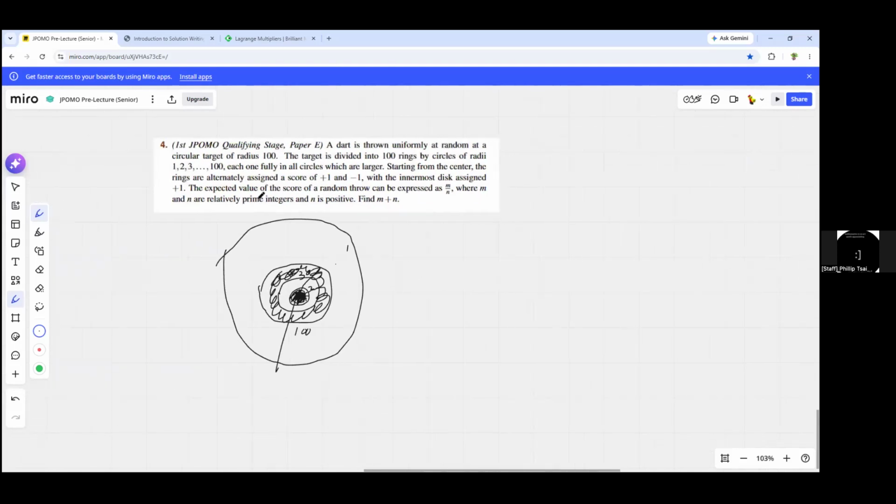We need to find the expected value of the score.